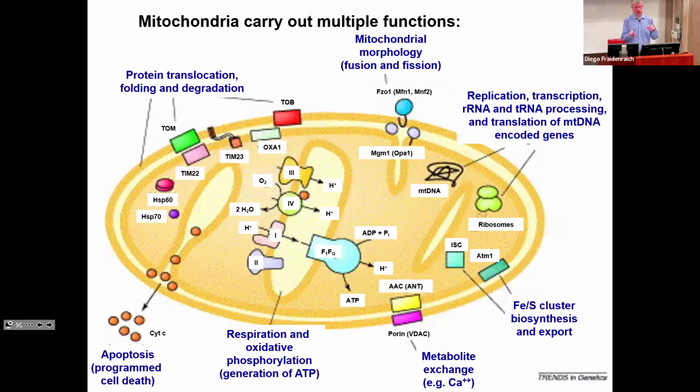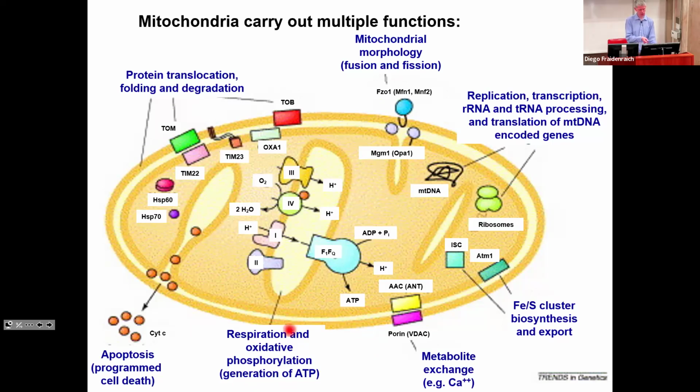So there are numerous functions associated with the mitochondria. Of course, I told you mitochondria are the powerhouse of the cell, and they have this respiration and oxidative phosphorylation. These processes provide cellular energy, but there are also other numerous functions.